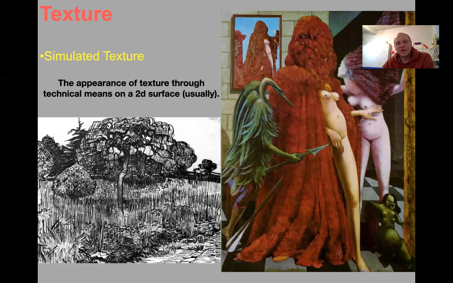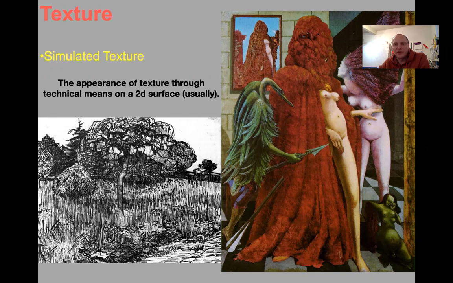And then on the other hand, we've got simulated texture. So this is the appearance of texture depicted through technical means on a two-dimensional surface, usually, because you can certainly have a painted sculpture. But you can see in this drawing, it's actually a Van Gogh drawing, and you can see in this painting, we've got a sense of texture, but we know we can't actually touch the thing and feel texture.